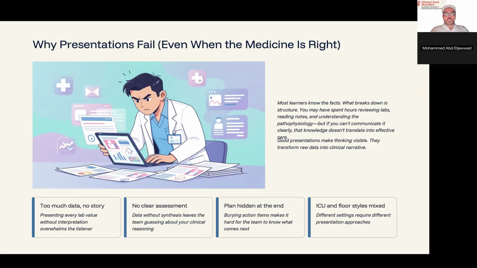The third one is you have the plan, but the plan is hiding at the end. So الخطة غير واضحة, or you wait until the end. And then when you are in the ICU versus when you are on the floor, العناية المركزة والقسم الطبي هدول, التفكير بيكون متغاير.